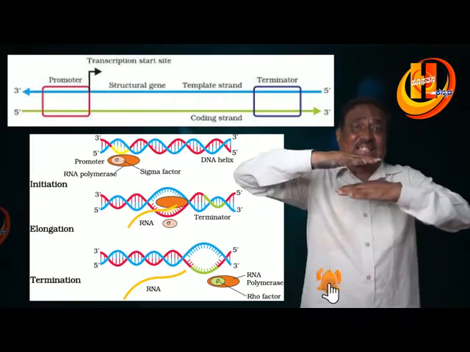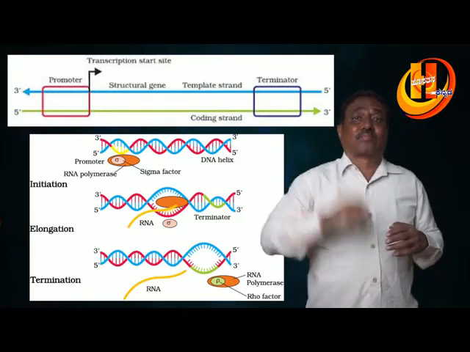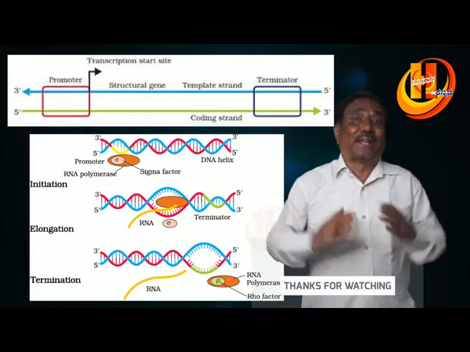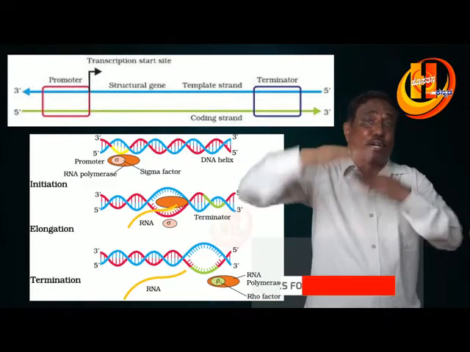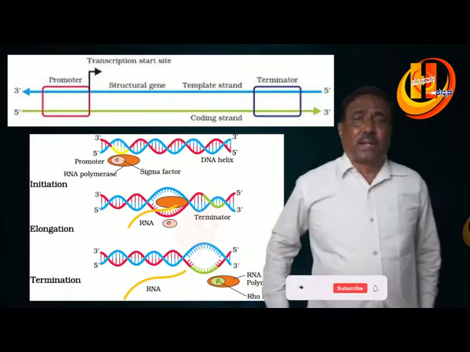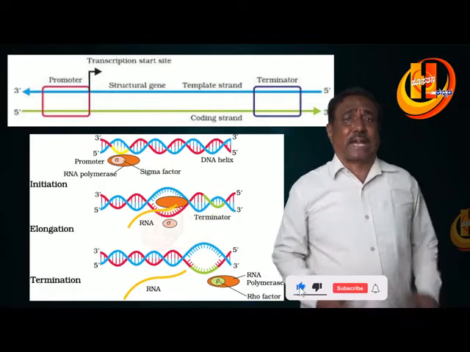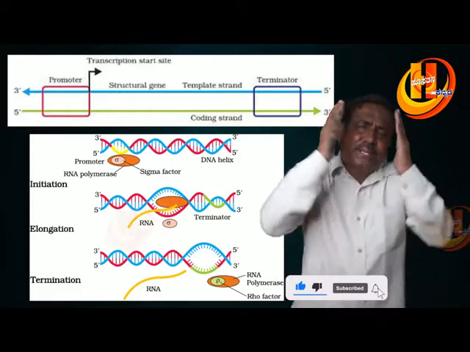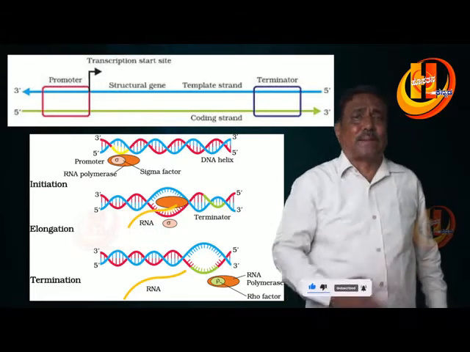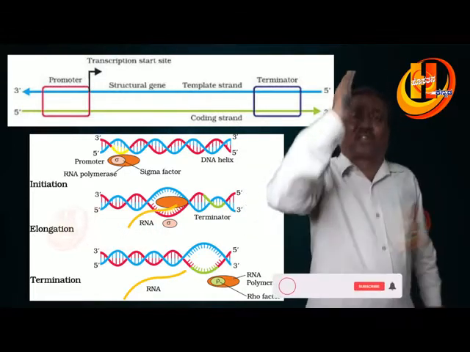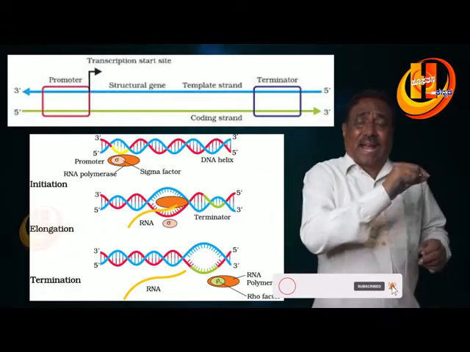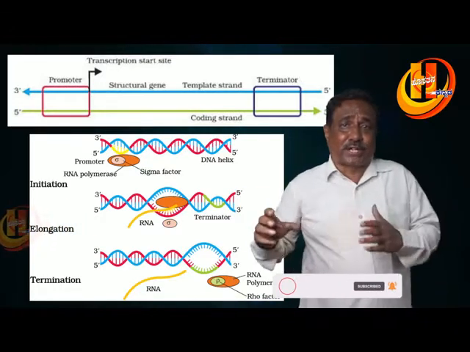And the structural gene consists of a template strand and a coding strand. Here, which is very important, it is not the coding strand that codes for mRNA, it is the template strand. This is very important. The template strand codes for the mRNA, and it runs from 3' end to 5' end.